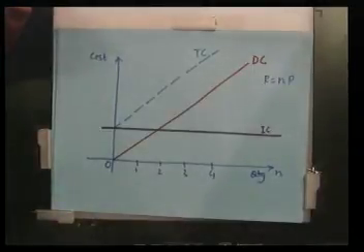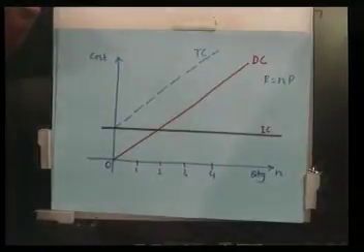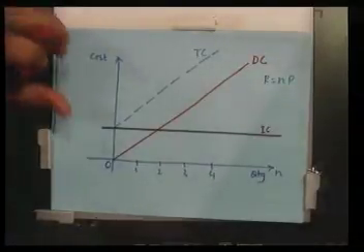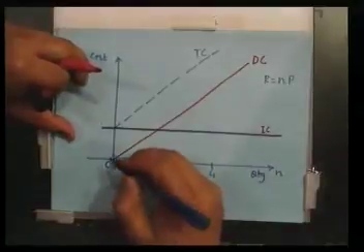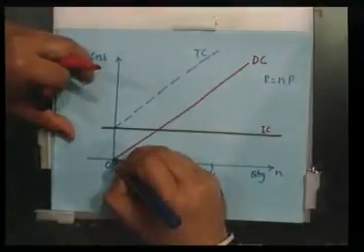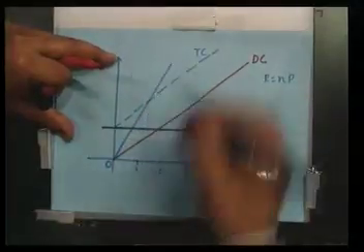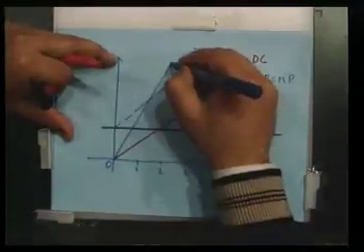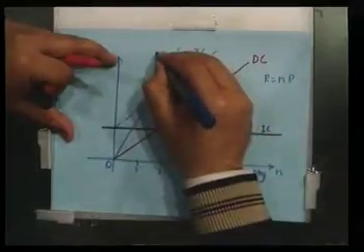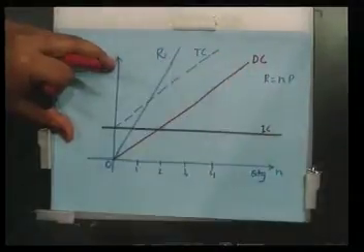If I am producing 1 and selling 1, revenue is going to be P. If I am selling 2 units, my revenue is going to be 2P. So, you will find that I get another line like this, and this is what I call the revenue line R.